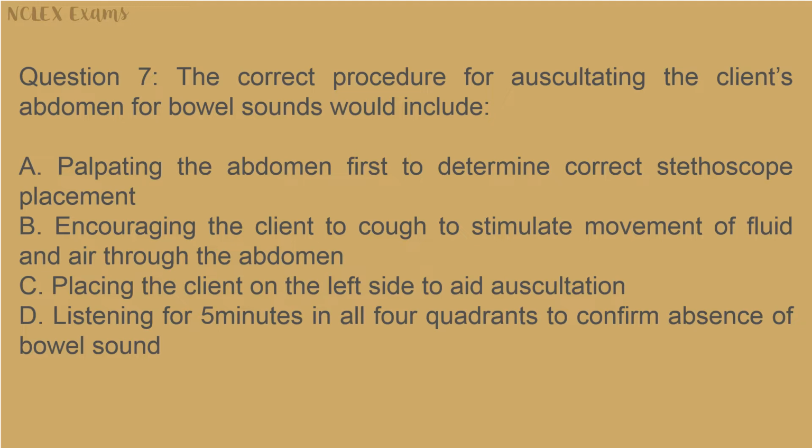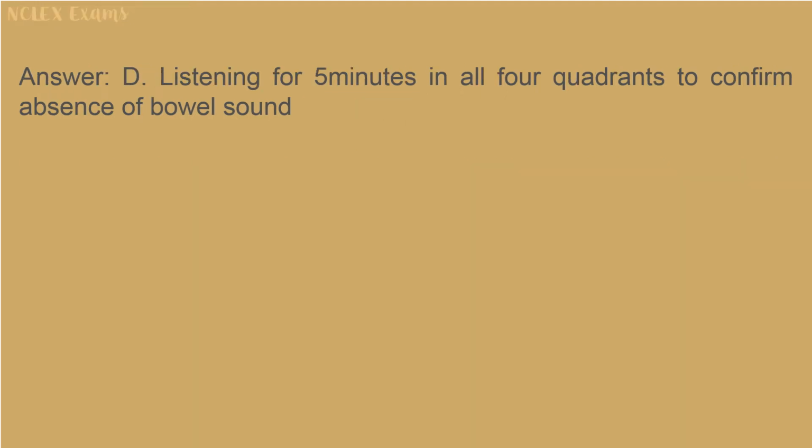D. listening for 5 minutes in all 4 quadrants to confirm absence of bowel sounds. Answer: D. listening for 5 minutes in all 4 quadrants to confirm absence of bowel sounds.